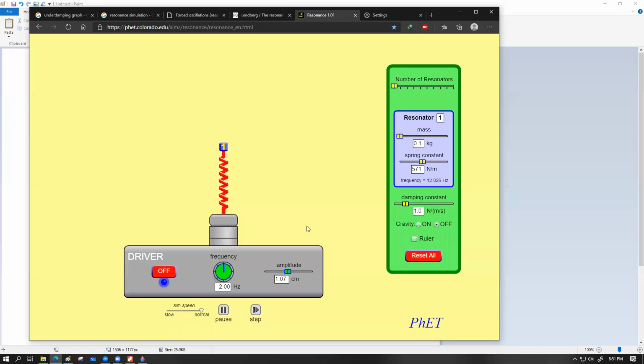I'm trying to get it to 12 because I want to discuss with 12. It won't go beyond 6. Oh. So you could just type it in.